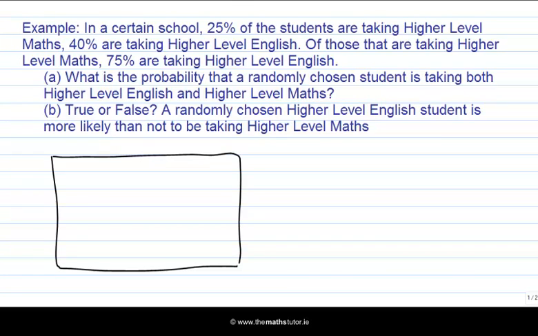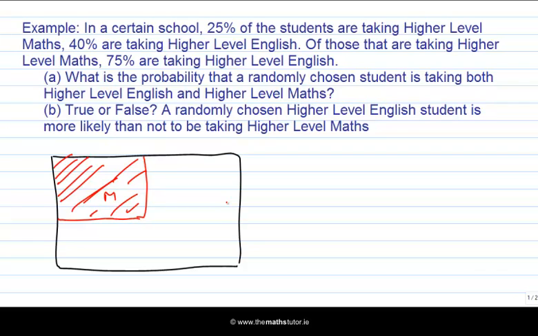So I can section off a part of this box, and 25% is a quarter, so it makes sense to take a quarter of this box and say that these are the higher level maths students. So I'll call that M. So everything in the red shaded area, those are the students that are taking higher level maths, and everything outside that represents the students that are not taking higher level maths.